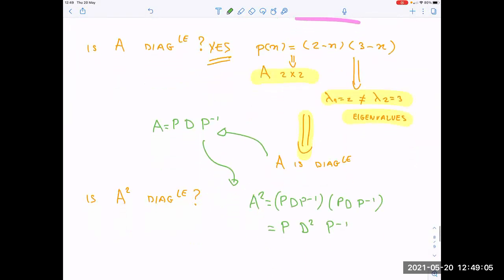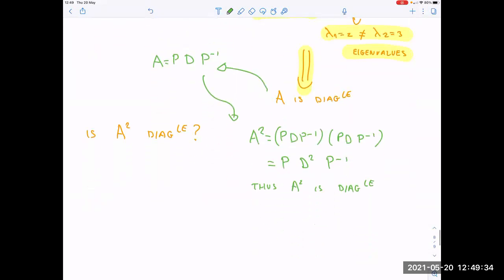And so A squared is diagonalizable, right? Because what is true is that the powers of a diagonalizable matrix are diagonalizable, so A to the n is going to be diagonalizable for all n.